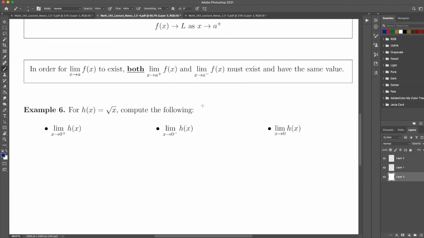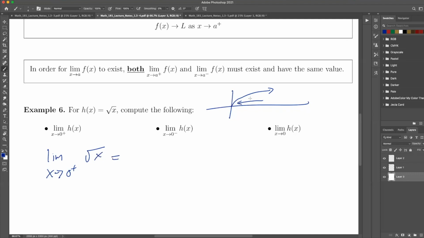Okay. All right. So here, let's look at this one. This is something we can easily graph because we learned from our previous section that this is the graph of this function here. So if I'm coming in from the positive values, what is the limit as x approaches from the right-hand side of the square root of x? What does that look like?